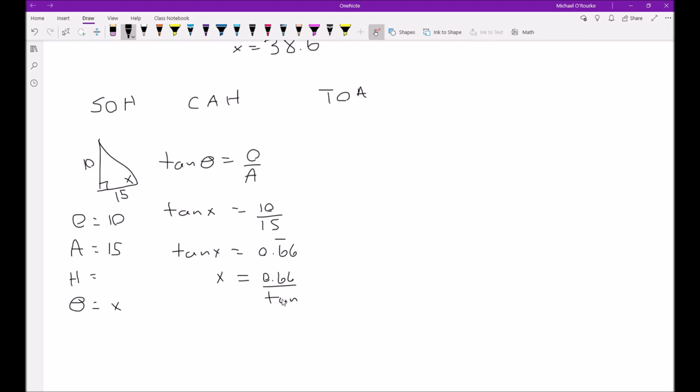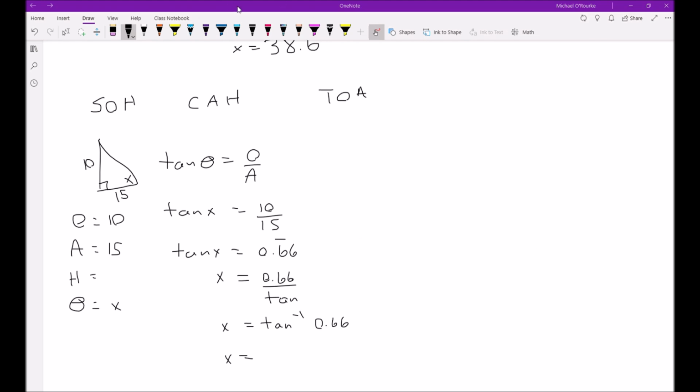So we have 0.66 divided by tan. But if you look at your calculator, you won't see that. What you will see is this on your calculator.